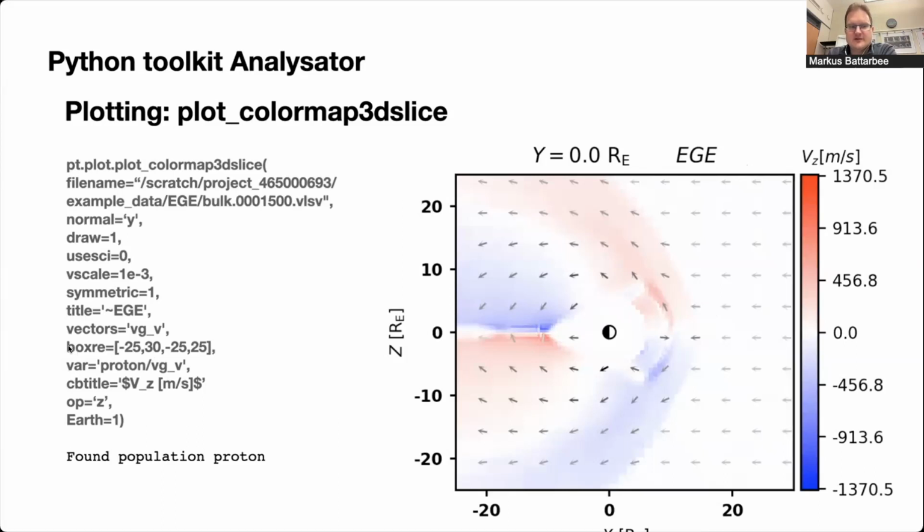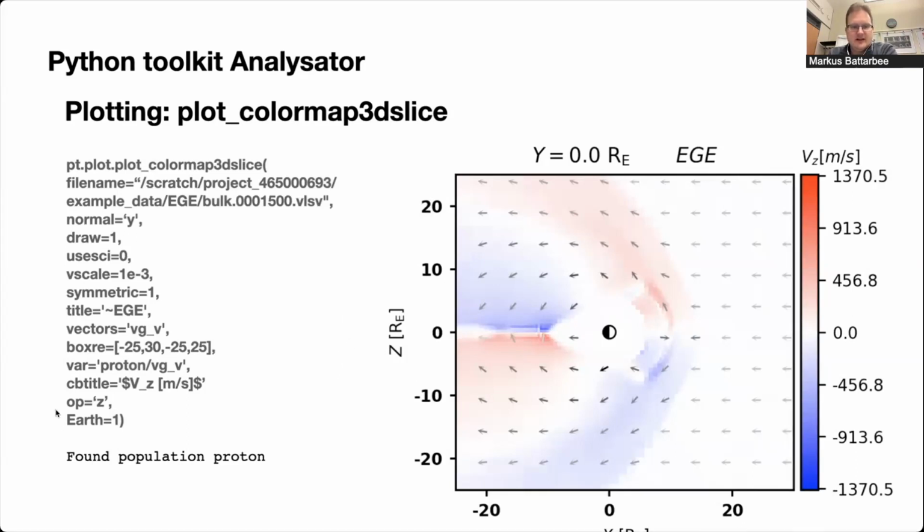We have supplied a box in units of Earth radii, which is first 2 are the X values and the second 2 are the Z values if we are doing an XZ plot. So minus 25 to 30 and minus 25 to 25. We have zoomed in closer to the inner region to get a bit of extra detail.